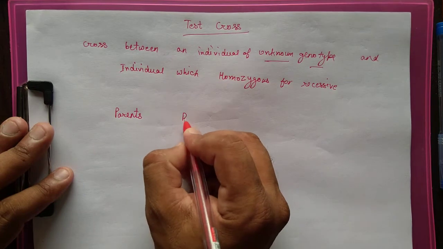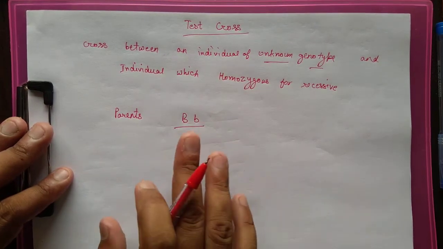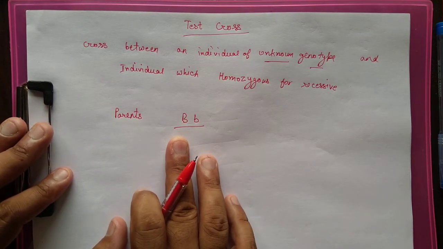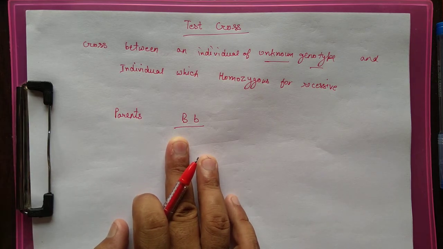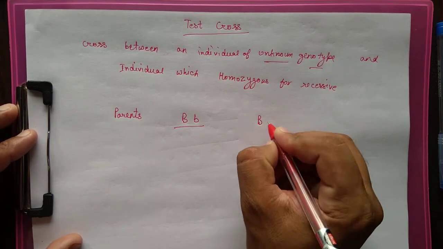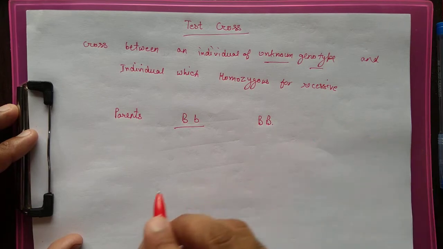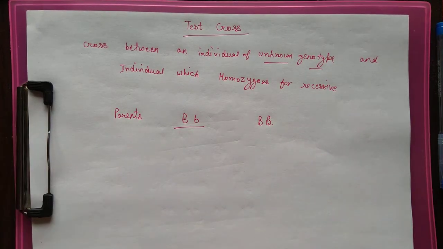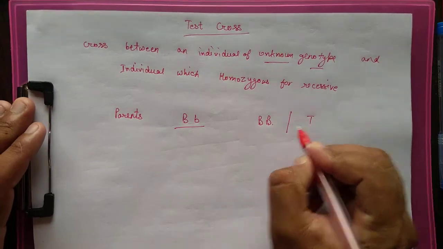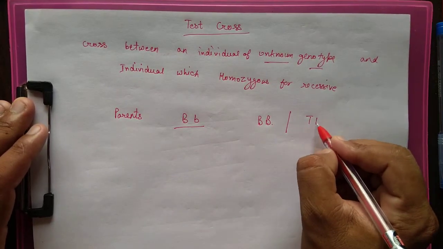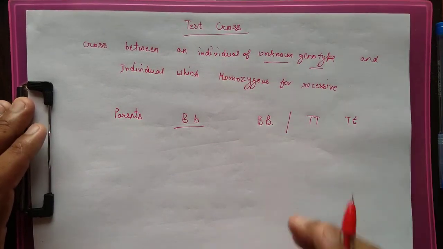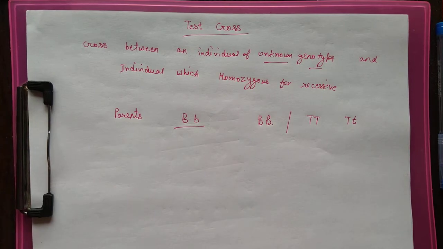The individual which is going to be tested, if we take the example of tallness, basically we are going for a test cross.